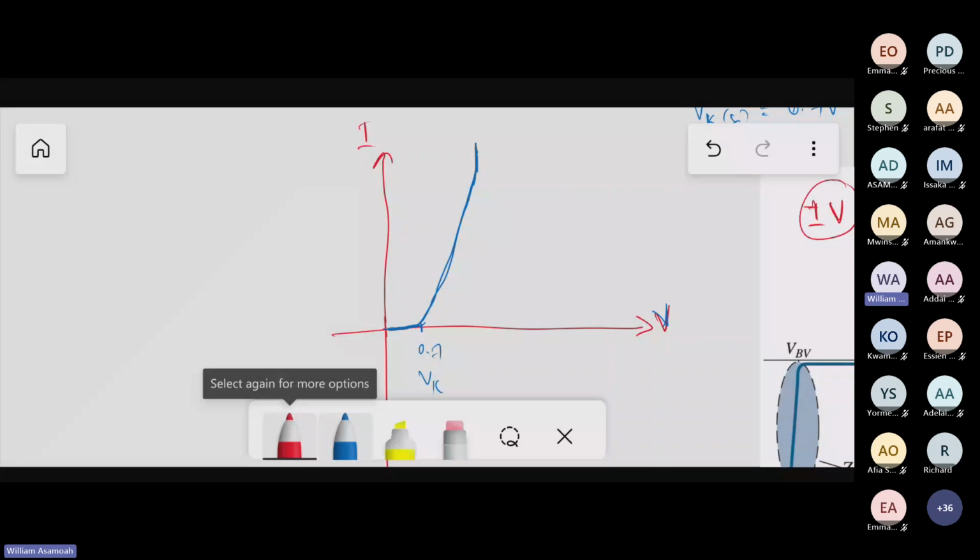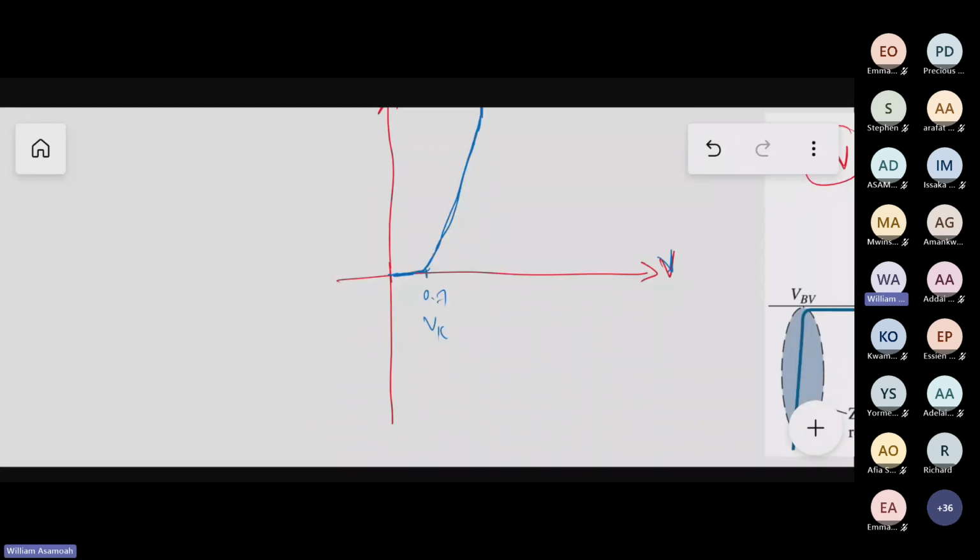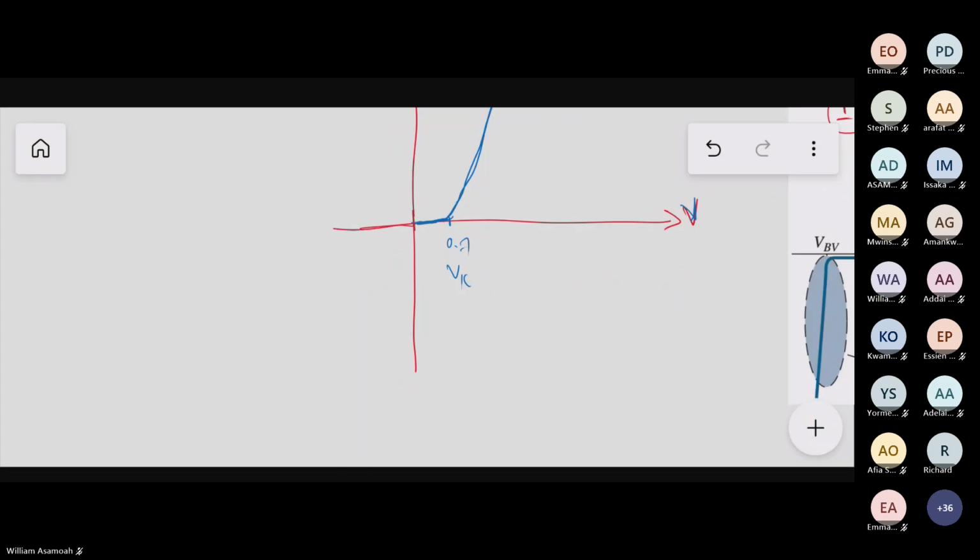Okay, hold on for me. Great. So in the reverse side, this is what happens. You should be able to draw and explain this curve for me. When a diode stays in reverse, it's not conducting.